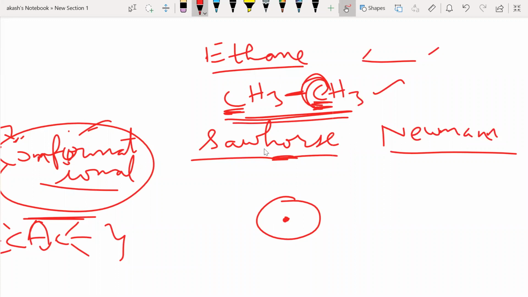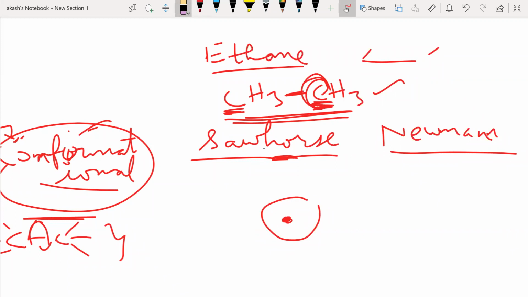I'm just talking about towards you in a sense, this is going to come out of the screen, right? So that is what is being represented here. The dot represents that the carbon atom is going to come towards you, and the circle represents the carbon atom which is going to be inside the plane. So one carbon is represented by the dot, and the other carbon is represented by the circle, right?